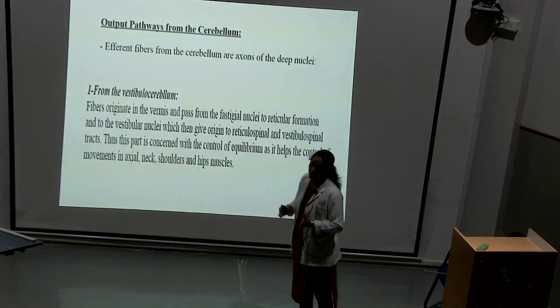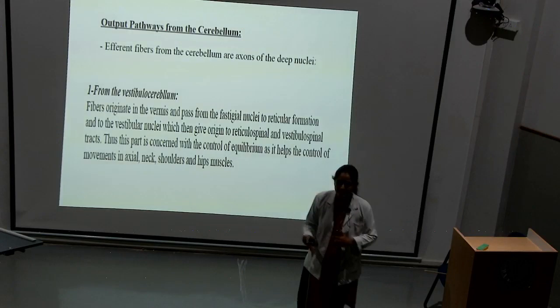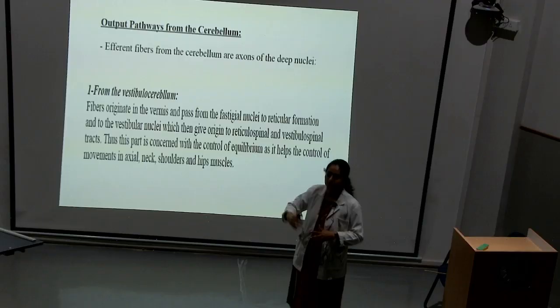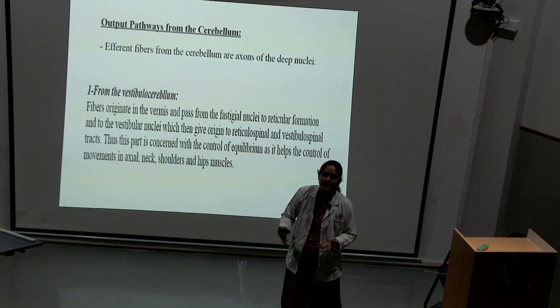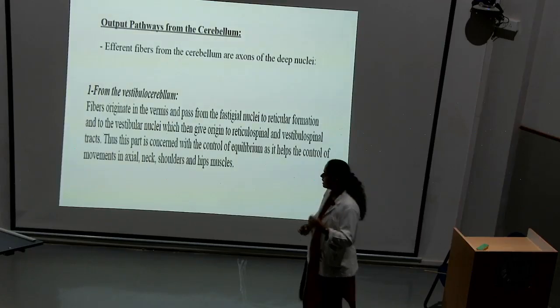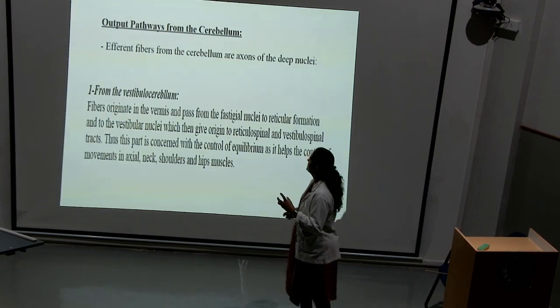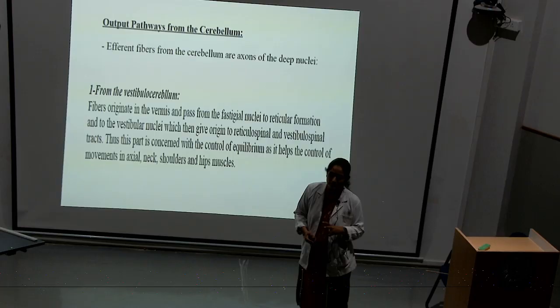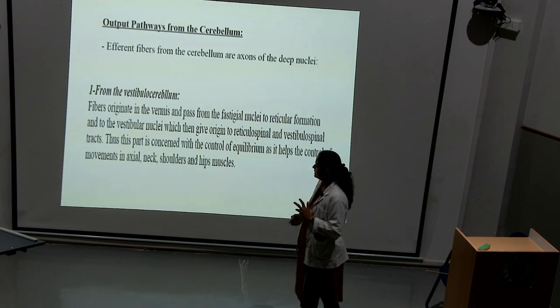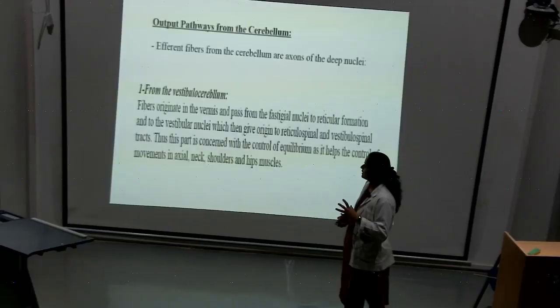Now, what is the output which is coming from the cerebellum? The cerebellum has to go and control the motor activity. We were talking about equilibrium, motor activity. So, the output from the cerebellum is to the deep nuclei of the cerebellum, which we have already seen. From where do they go?